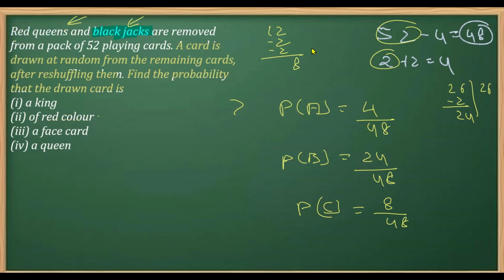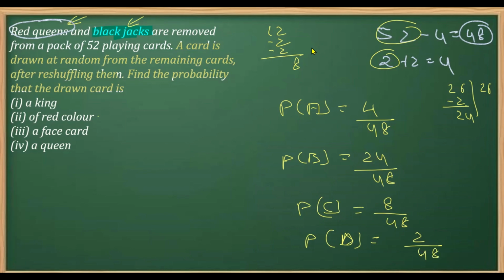Moving to the next part. This is a queen. There are four queens. And as you can see, two queens, which are red in color, are removed. So we are left with how many queens? Once again, let me first write it down. This is P(D). Out of four queens, two queens are removed. So we are left with two queens out of four.